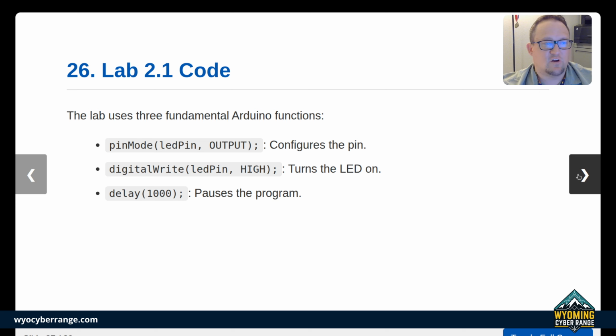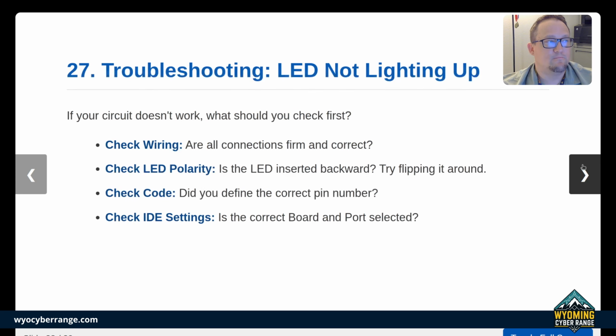Then we're going to turn it on by telling it to go to high, because for an LED here we're just going to do digital. Remember, it's going to be on or off, 0 or 1, true or false, high or low. And then lastly, we can use delays to help pause the program. The program is going to run forever, and we can change our delay value to determine how fast we want our program to blink.